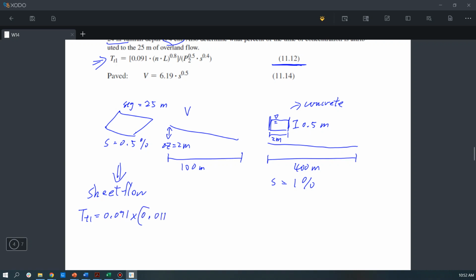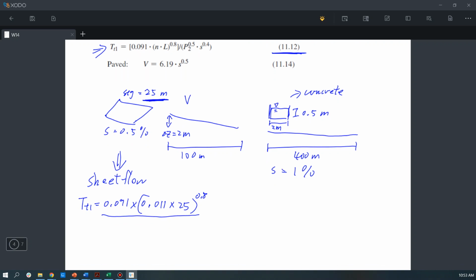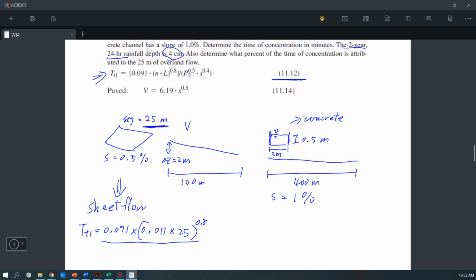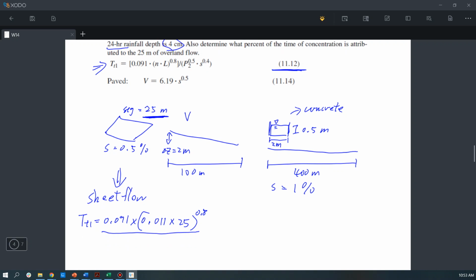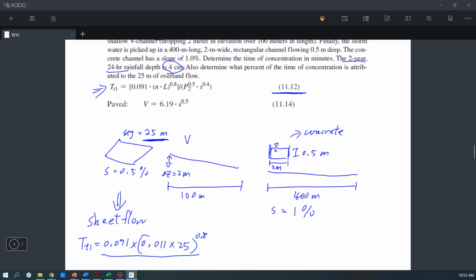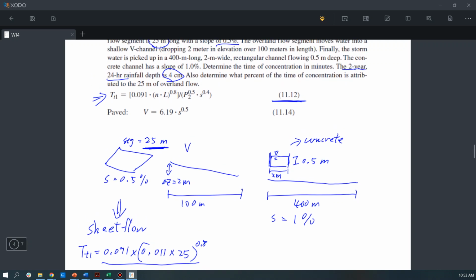The length is 25 because the segment is 25 meters, to the power of 0.8. Then we will divide by the rainfall P. Rainfall is 4 cm.